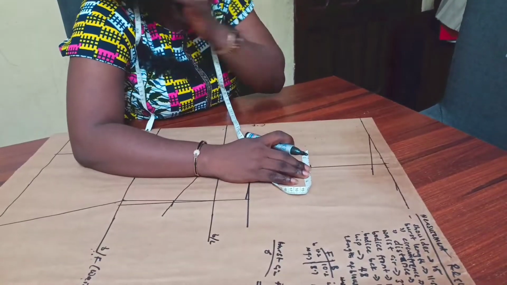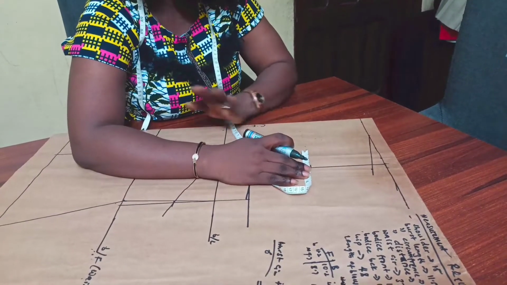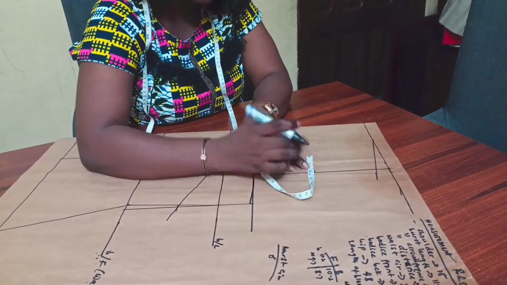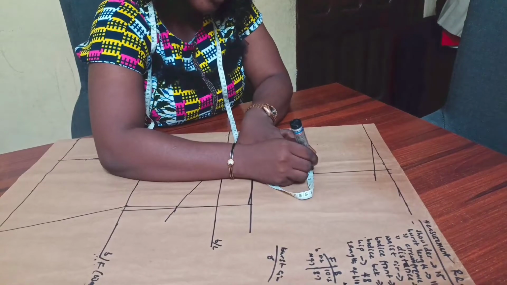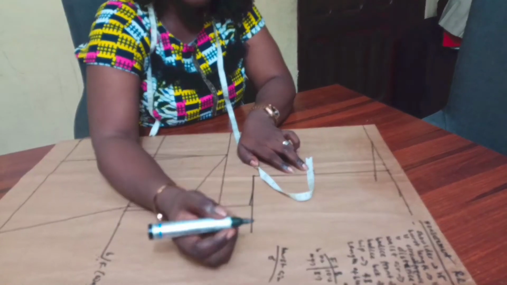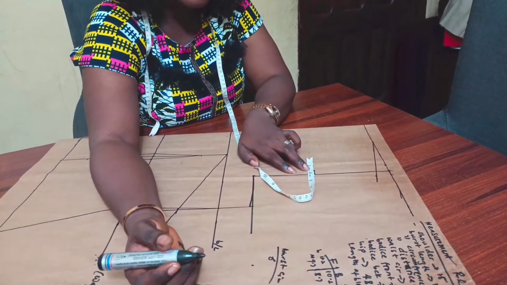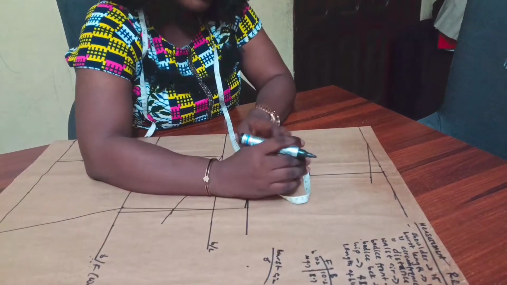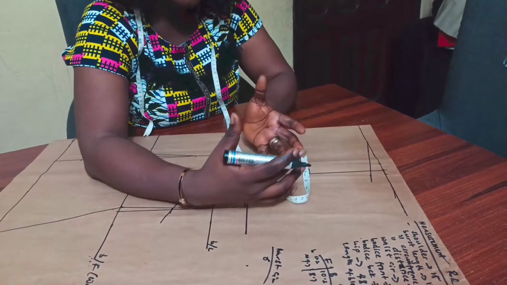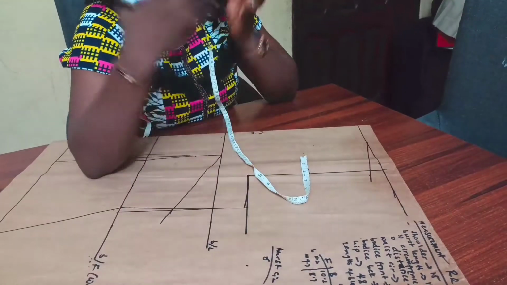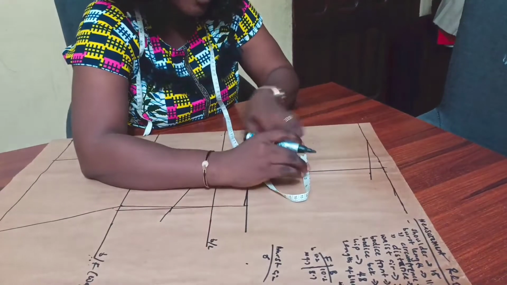Since my bust is 43, I'll come out by half an inch from this line. But if I have like bust 36, 38, 39, you can come out by 1 inch. The bigger the bust, the lesser you come out. For people with bust 50, you don't even come out.